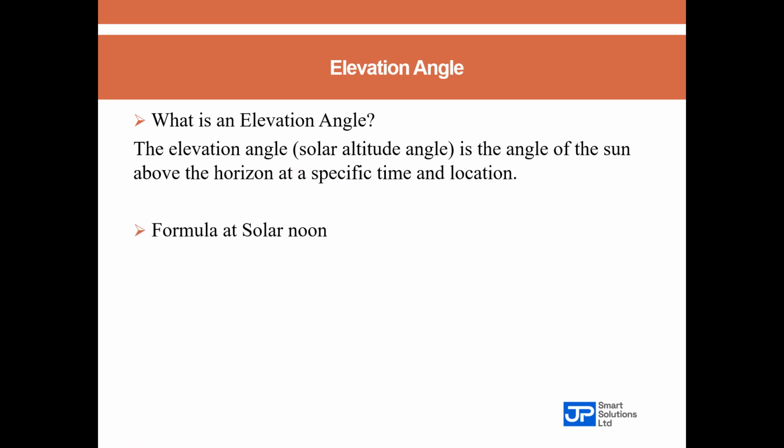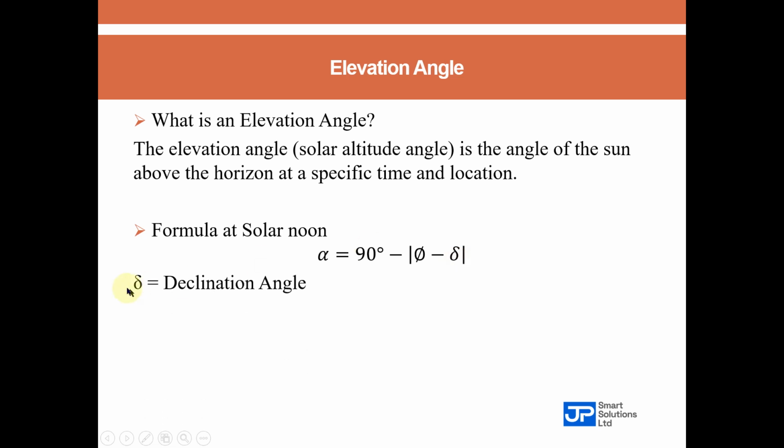So how do we get the elevation angle? We look at what we call solar noon, which is during midday. Now at solar noon, alpha here, which is representing elevation angle, is equal to 90 degrees minus, this is the latitude of the location, while this is the declination angle.